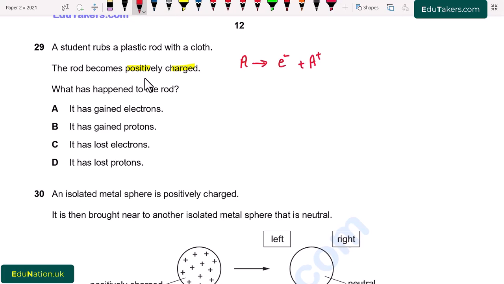It means that if the rod becomes positively charged, it has lost electrons. So, options are A, it has gained electrons, B, it has gained protons, C, it has lost electrons, and D, it has lost protons. So, here C is correct because it has lost electrons.